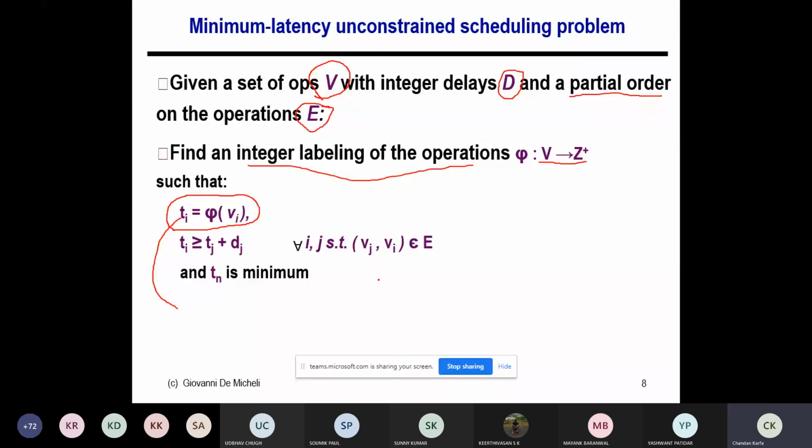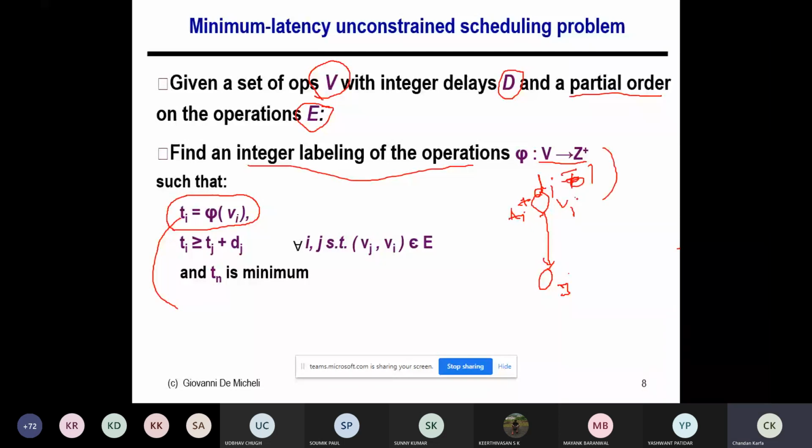And if there is an edge, say this is my node vi and this is my node vj, and there is an edge from i to j. Say vi is scheduled at ti and takes di time steps, so it executes during time steps ti to ti plus di minus 1.